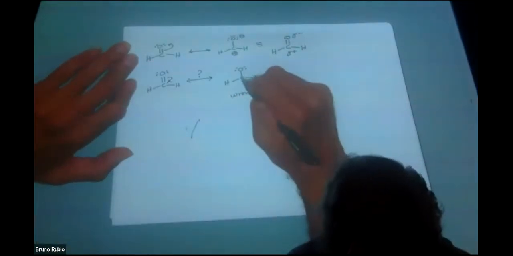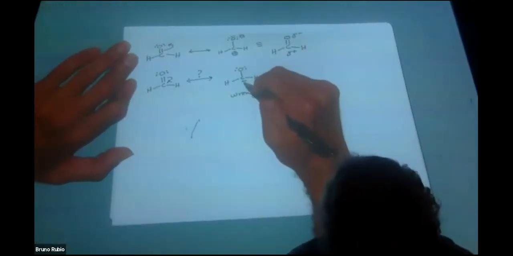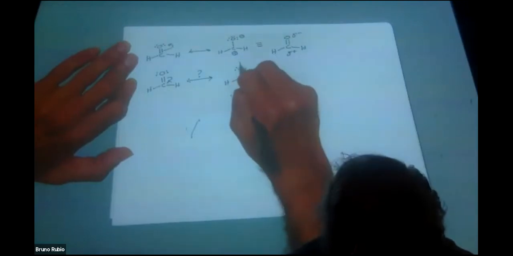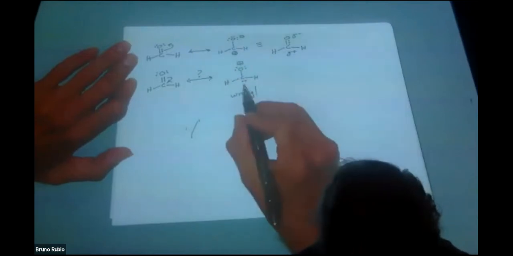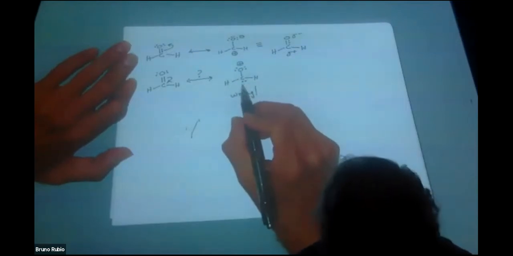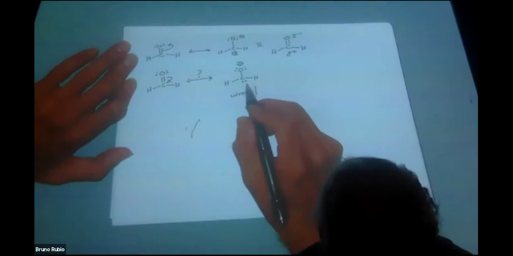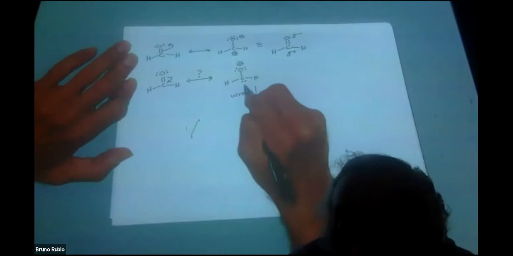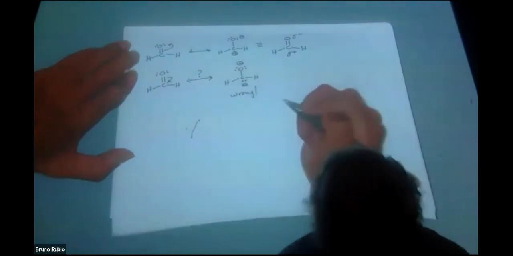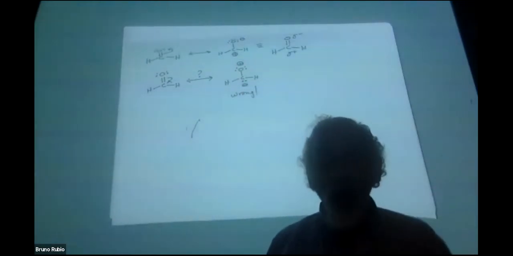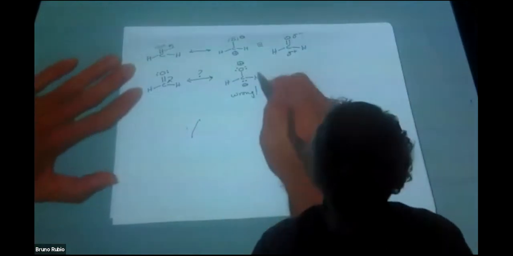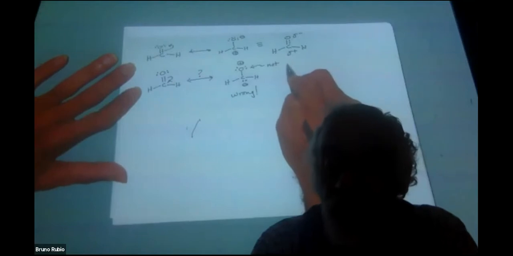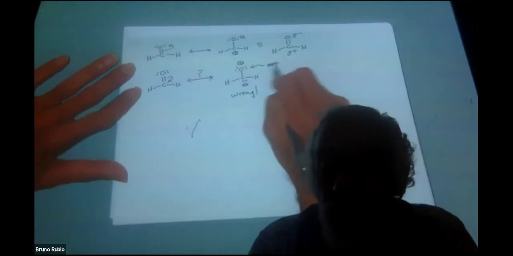Oxygen is group 6, 6 minus 1 bond is 5, 5 minus 4 unshared electrons. This oxygen should be positive. Carbon is group 4, 4 minus 3 bonds is 1, 1 minus 2 unshared electrons is -1. Even if I write the formal charges, it's still wrong. Why? I've destroyed the octet of oxygen. Not allowed. No octet.